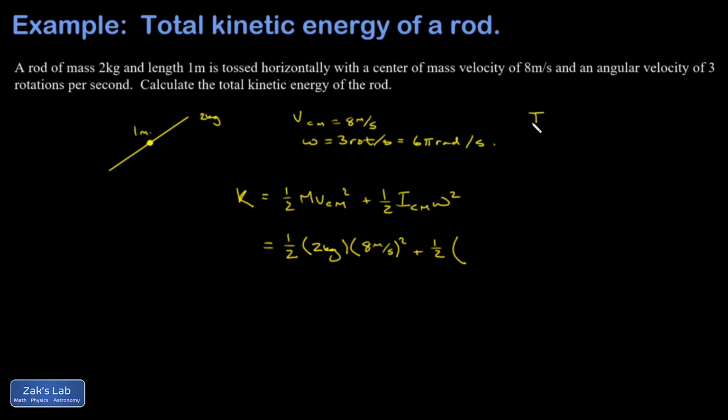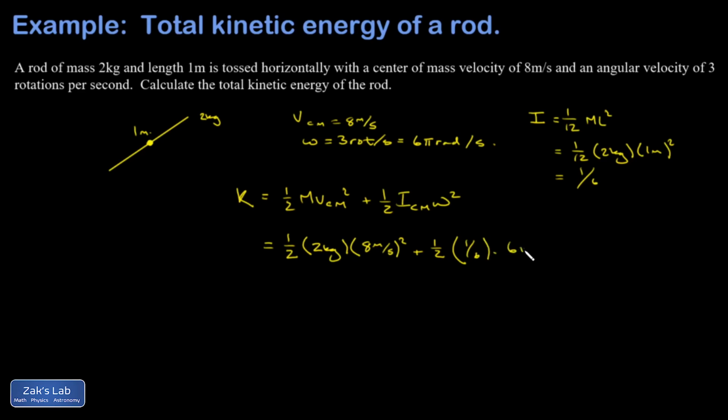So you have to look this up or memorize it, but the moment of inertia for a rod spun about its center is going to be 1/12 ml squared, which in this case is 1/12 times a mass of 2 kilograms, length of 1 meter, all squared. And I get a nice round number of 1/6 out of this.